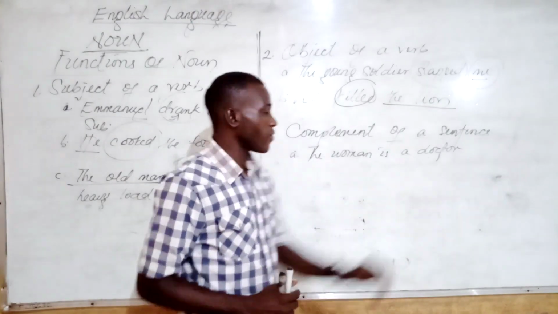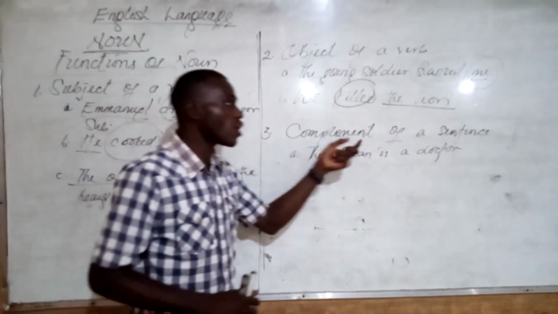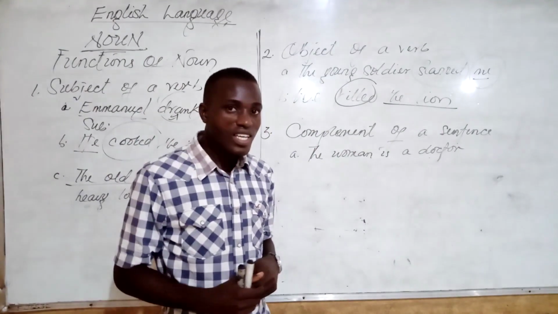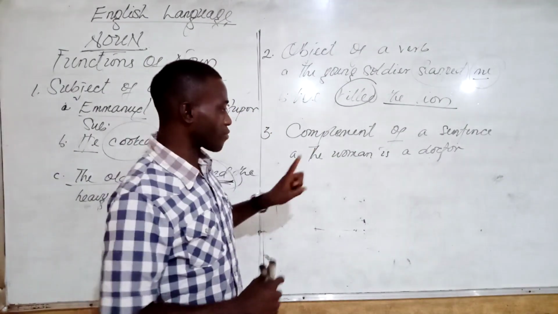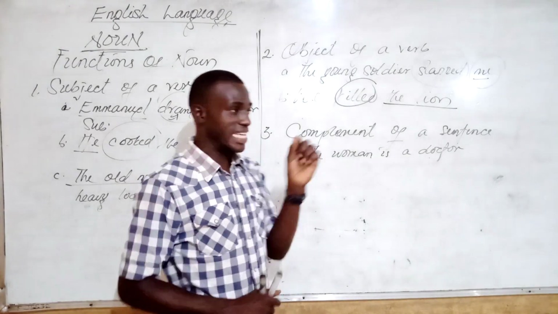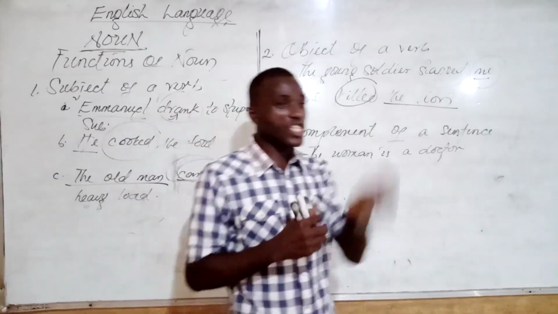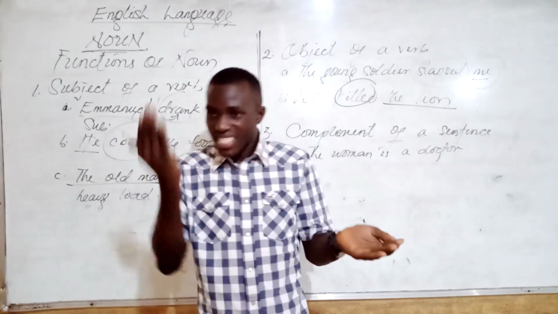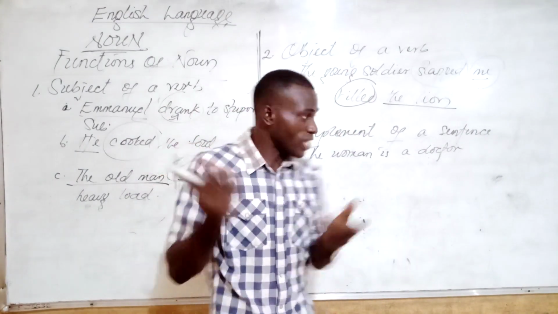You get it? So in this case also, the complement is like an addition. In fact, it's performing the function of an adjective here, saying that this one entity is described as this other entity. So that is what it's saying.